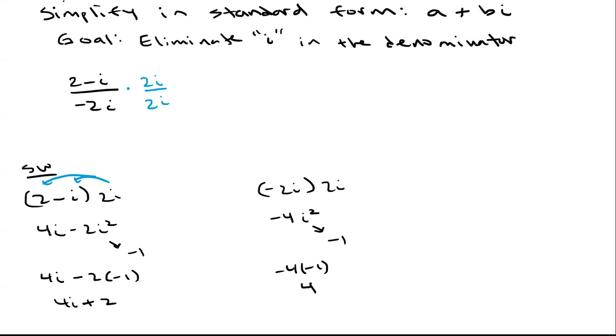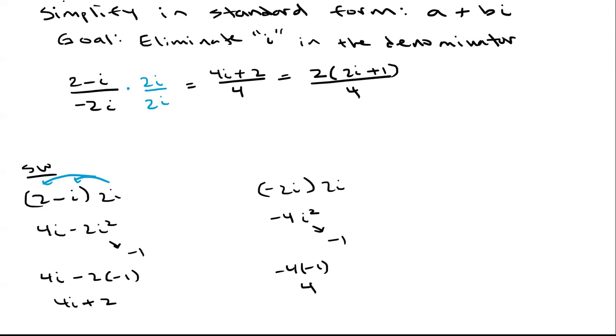Okay, so let's write this out here. So the top we get 4i plus 2, and the bottom we get 4. So we want to simplify this. So notice on the top there, we have a common factor of 2. So we can take out a 2, leaving us with 2i plus 1, and then the denominator is 4.